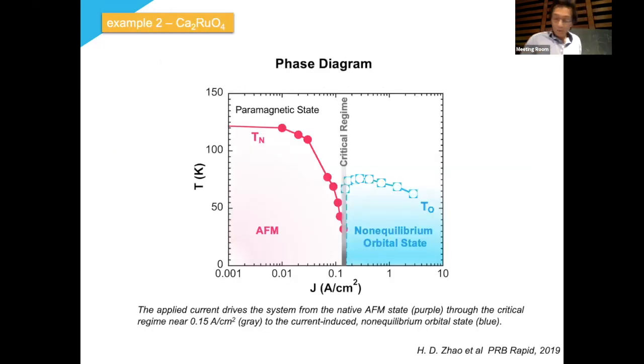In this region, the hysteresis is very, very strong. It's so strong that the relaxation time could be a few days. So we really don't understand what's going on there. But below this, the hysteresis behavior is very weak.